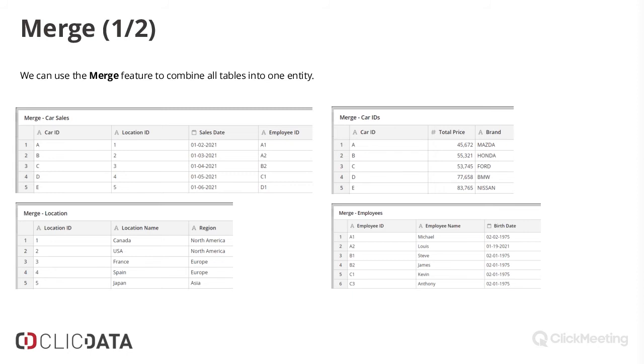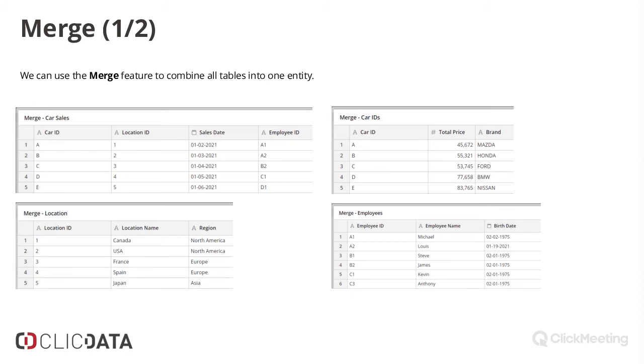So using the car IDs, for example, on the table on the top right, I have a car ID table indicating that car ID A is under the Mazda brand. And say, for example, location 1 is in Canada, which is in the North American region. And same for employees. I have that information just spread out across multiple tables.